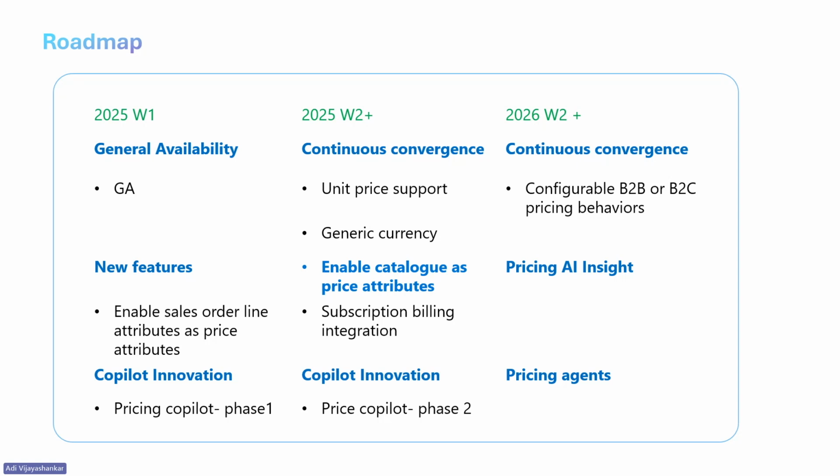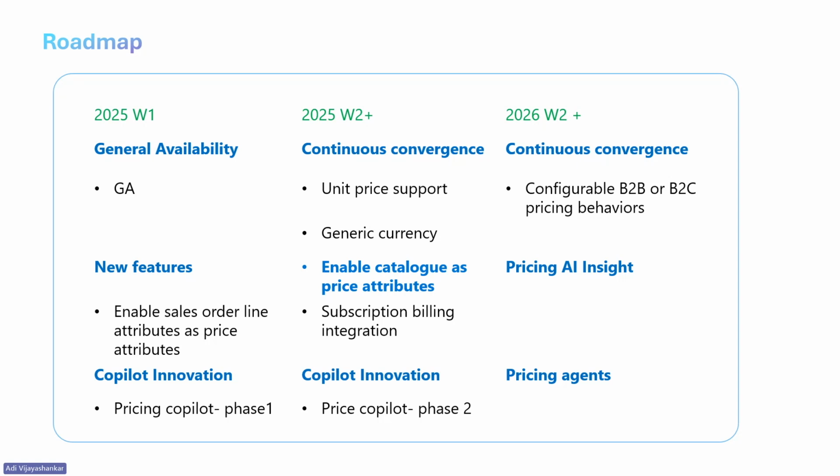In 2025 Wave 2, we are focusing on the highly voted features, including the unit price support and enabling catalogs as price attributes, which will benefit our commerce customers who can leverage the catalog to manage their B2B.